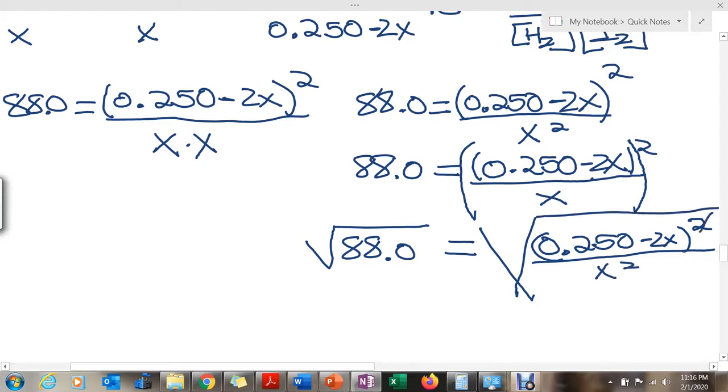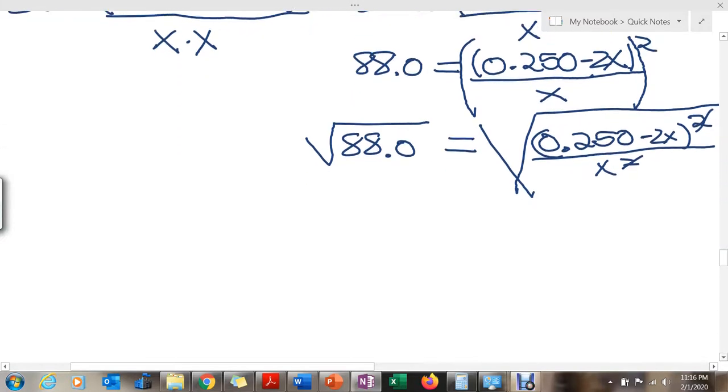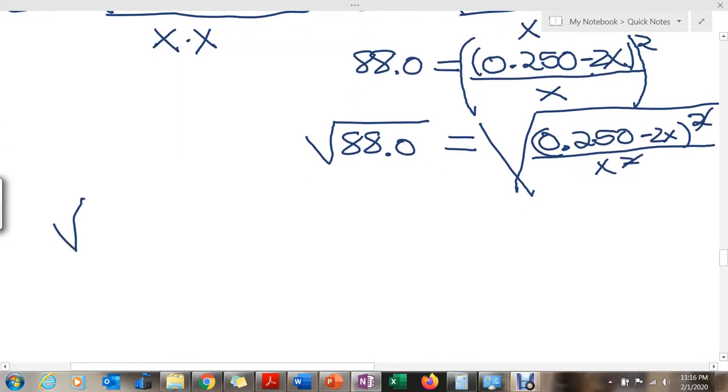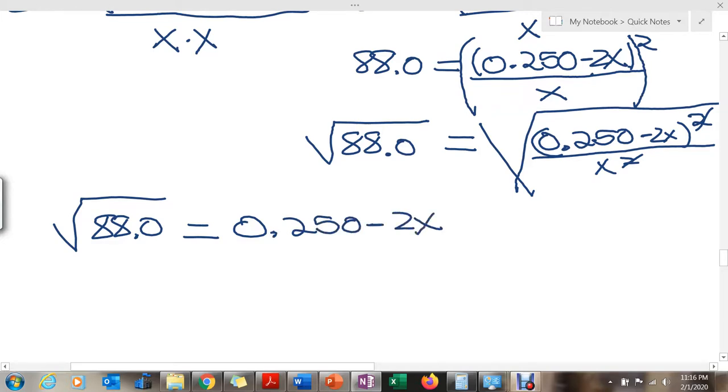So we eliminate the square and square here. So the square root of 88.0 equals 0.250 minus 2x divided by x.